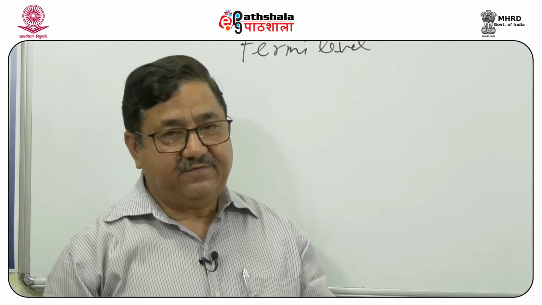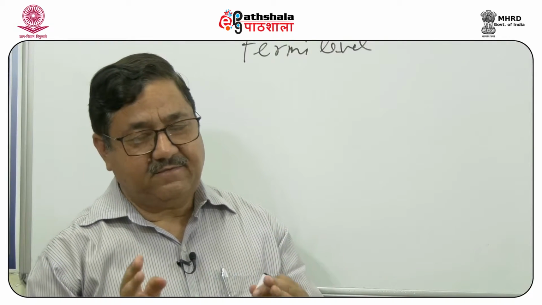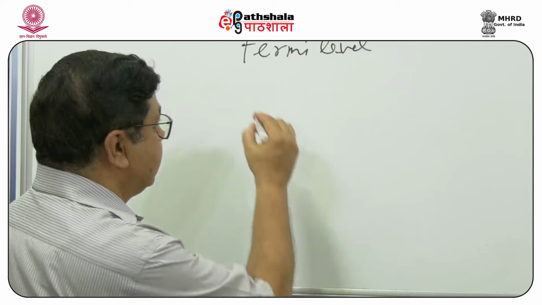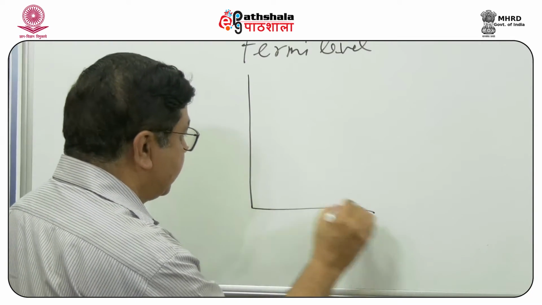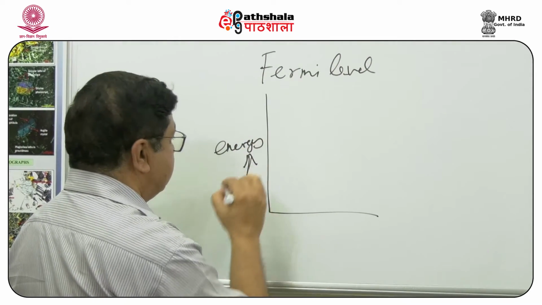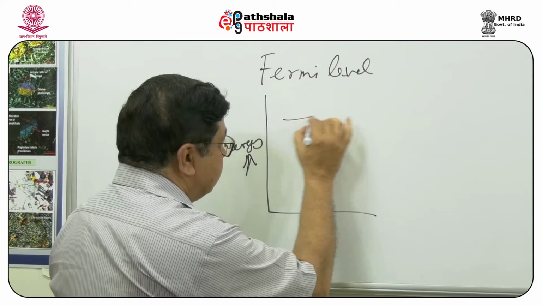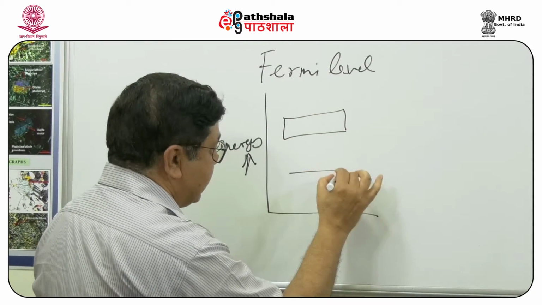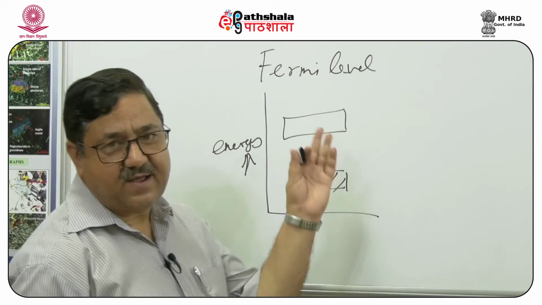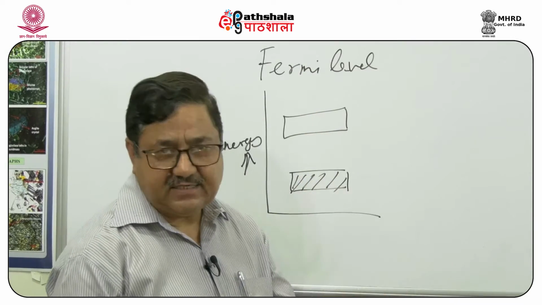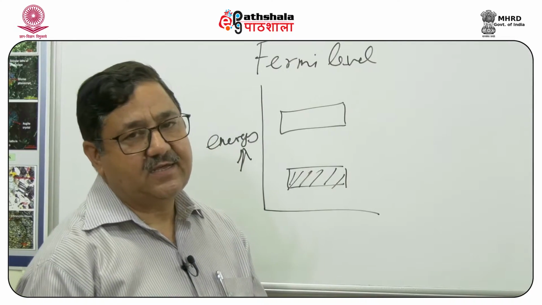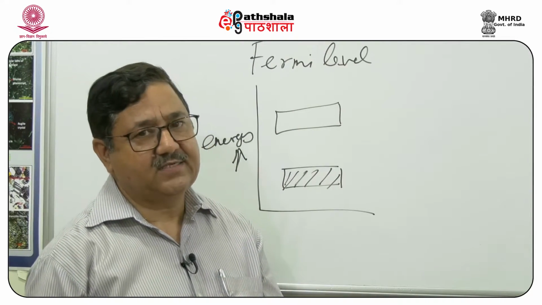That is, if the valence bands and the conduction bands are vastly separated, if we take this axis as energy axis, and the valence and the conduction bands, one example of valence and conduction band in the same element is magnesium, in which the 3s band is the valence band and 3p band is the conduction band.